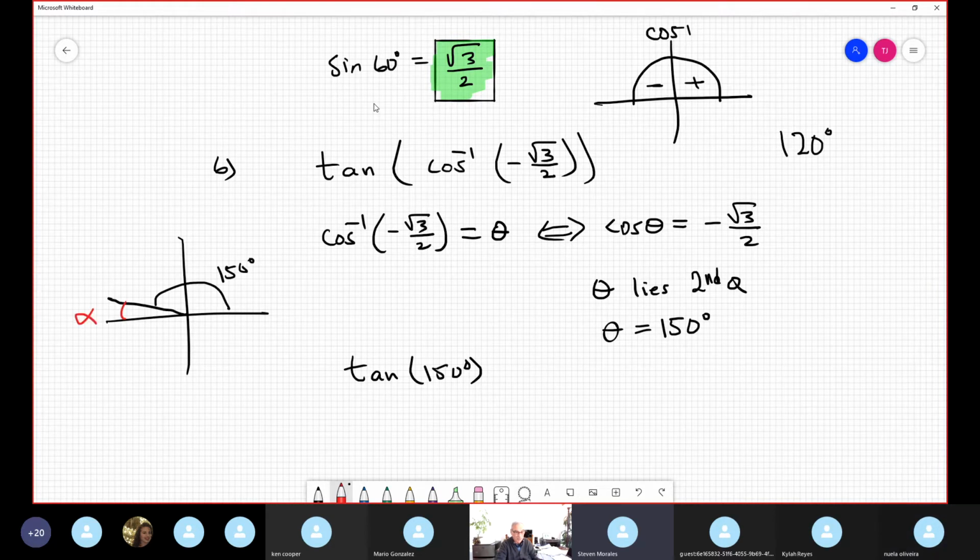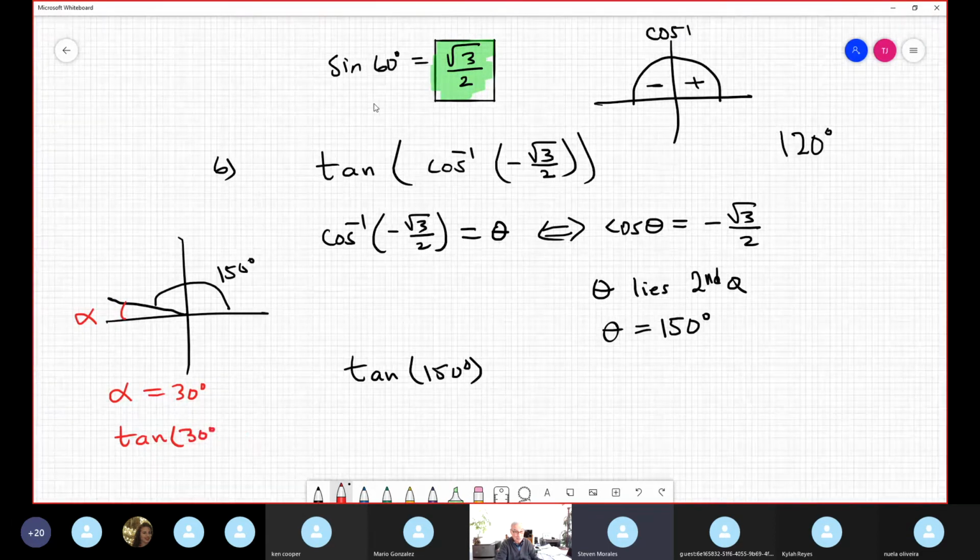Who is alpha in this example? 30. Very well. Entonces I know very well que tangent 150 and tangent 30 have at least the same value, que es radical 3 over 3. I don't know si you see it in your table or no.